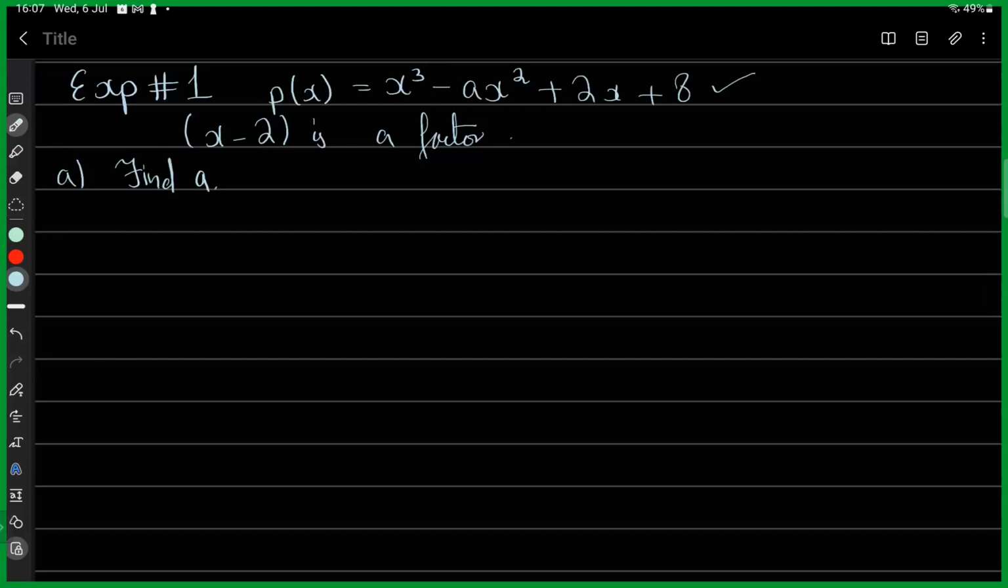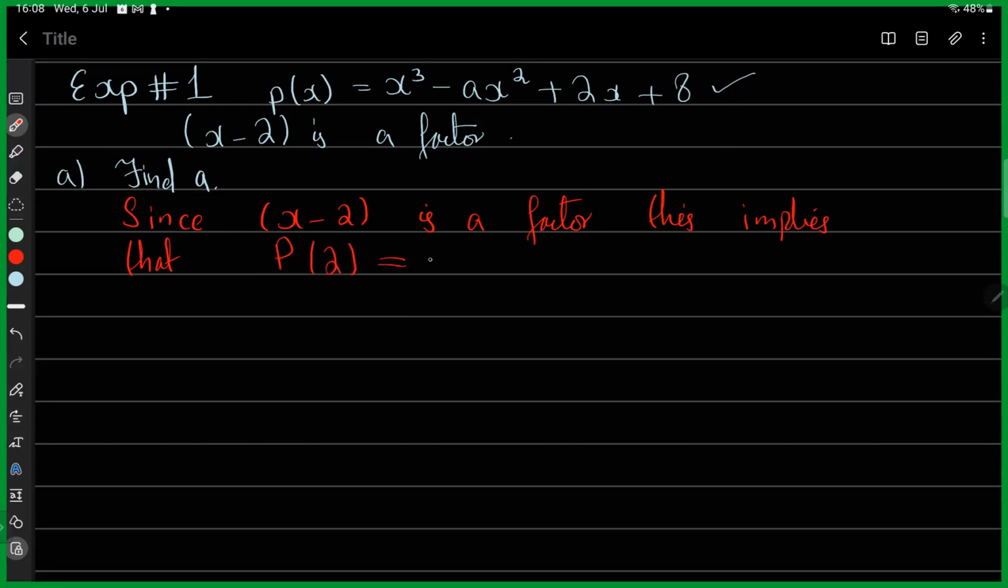So using the factor theorem, I can say since x minus 2 is a factor, this implies that P of 2, because the polynomial is P now, P of 2 would be equal to 0.